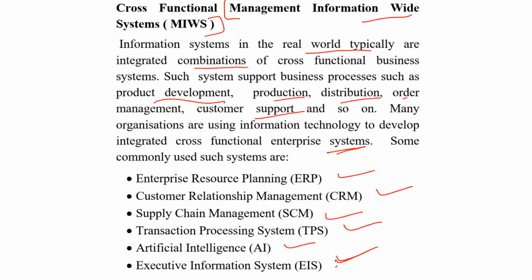Executive information system is for board members, CEOs, CFOs, chief operating officers, branch managers, owners, investors. Such people come under strategic, top-level management. So this system will provide assistance to that level. These commonly used systems will be explained in detail in the next topics.